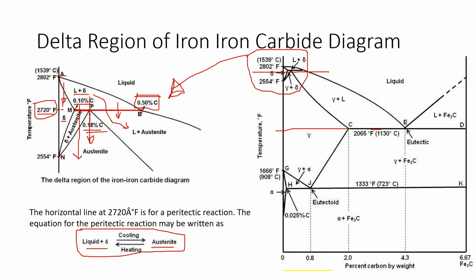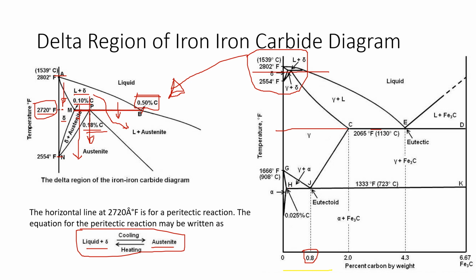This horizontal line was already explained in the previous lecture. The third horizontal line, which is H, J and K, the eutectoid point at 0.8%, is also explained in the previous lecture.